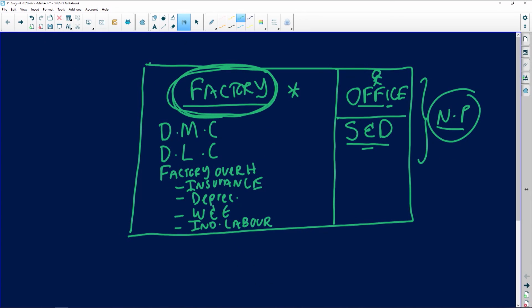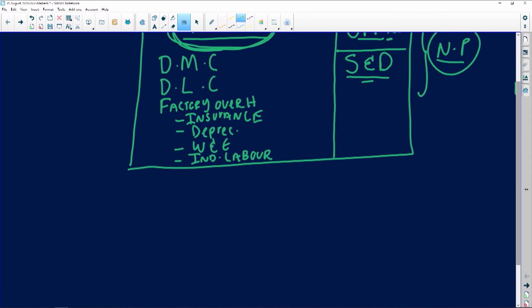And we did have a question earlier on from one of our mindsetters asking about water and electricity. And I really liked this particular question. I can't remember the mindsetter's name, but she or he basically asked, why is water and electricity regarded as a fixed cost? Because surely the more you manufacture, the more electricity you are using. So surely it cannot be a fixed cost. Now you are absolutely correct.